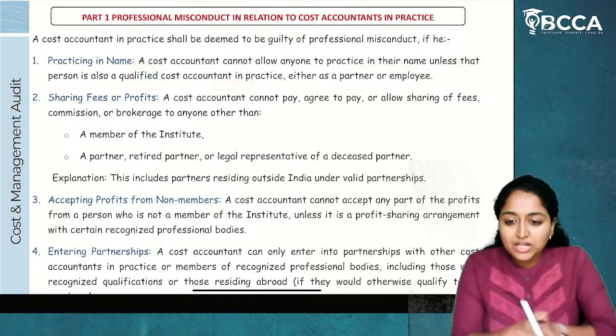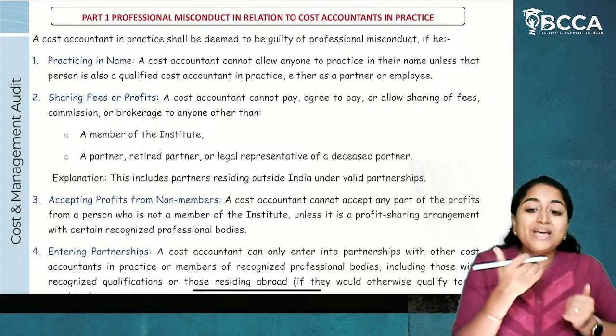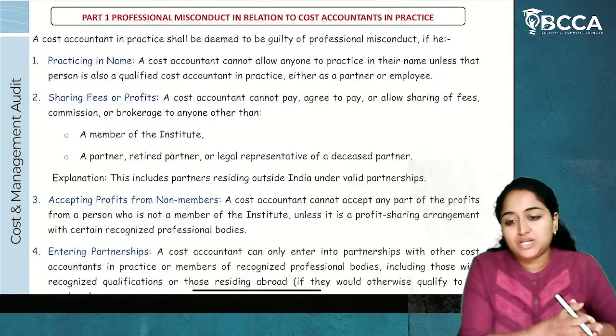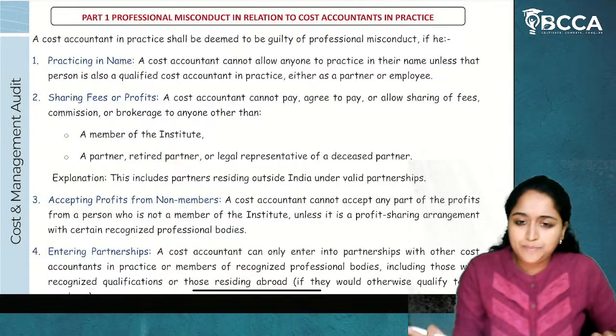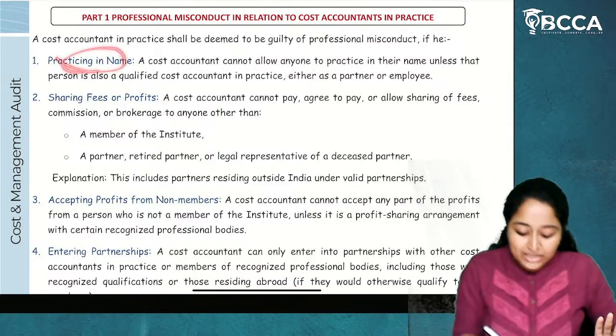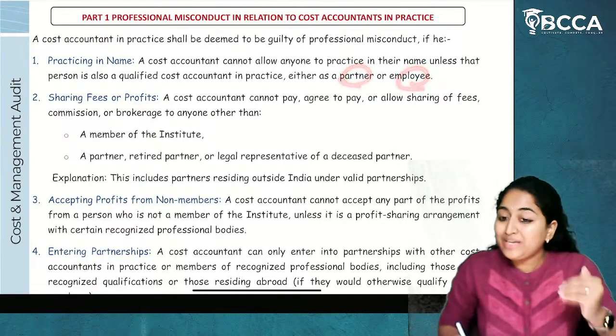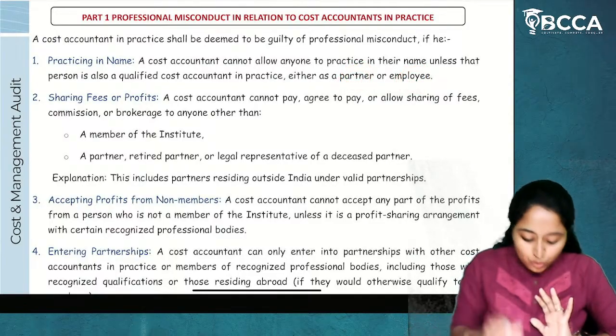If you are a partner or an employee of that particular cost accountant, then you can act in the name of that cost accountant. If not, any other person cannot take the name of a cost accountant. Practicing in name is a professional misconduct. Exemptions: a partner and an employee can practice in their own name.